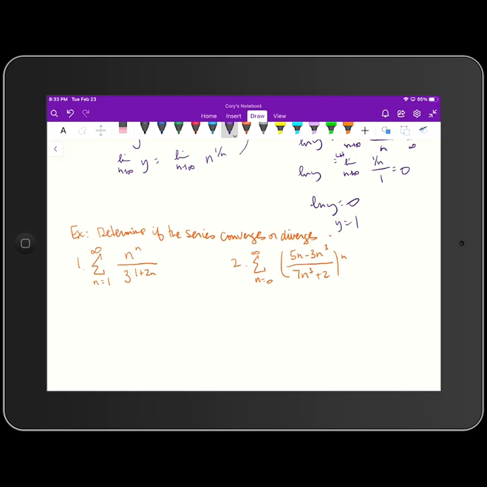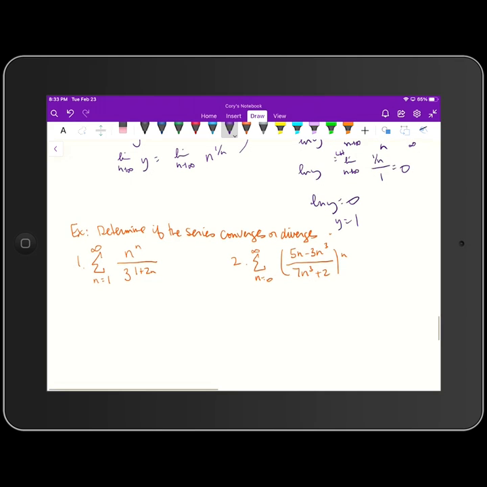Let's take a look at using the root test here. So we take the limit as n goes to infinity of the absolute value of a sub n, which is n raised to the n power over 3 raised to the 1 plus 2n power, and then we're going to raise that to the 1 over n power. It's the same thing as taking the nth root of that expression.